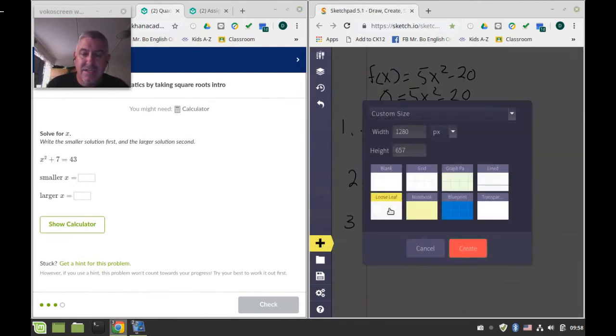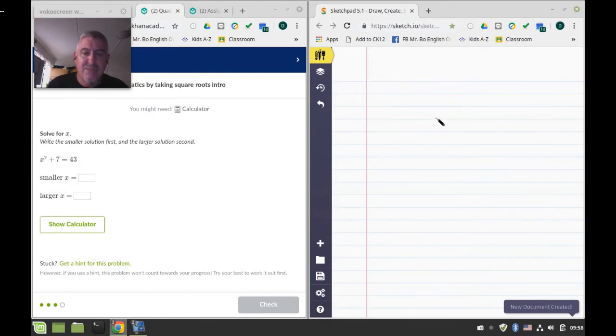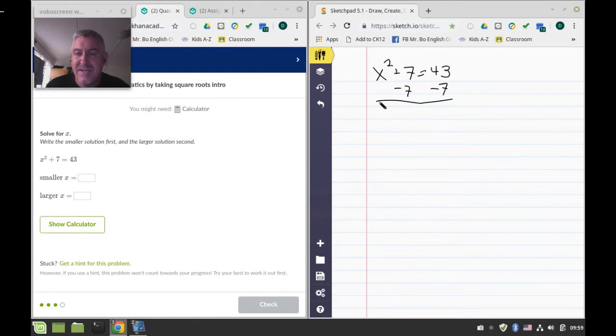All right, so our next and last problem, solve for x. So this is not in function notation. x squared plus 7 equals 43. So I'm going to subtract 7 from both sides. So that's our step 1. x squared is equal to 36.